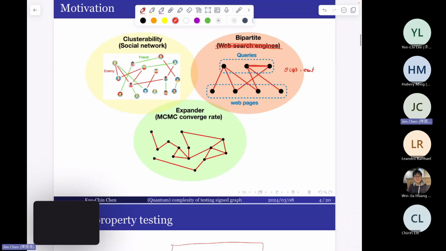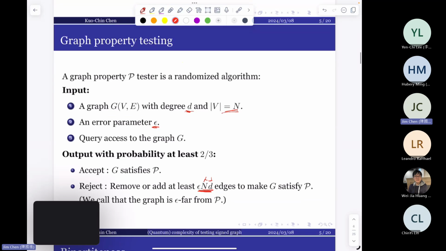So you mean that given some number of query accesses to the graph, can you decide whether it satisfies this property or not? Yes. For different properties, the number can be different. Okay, I see. Thank you.